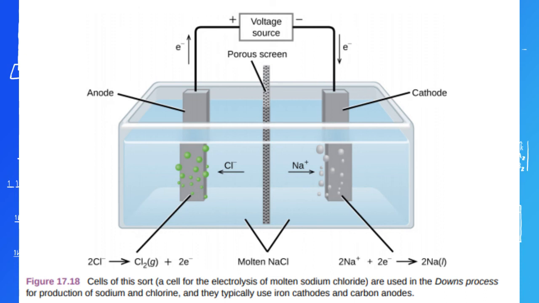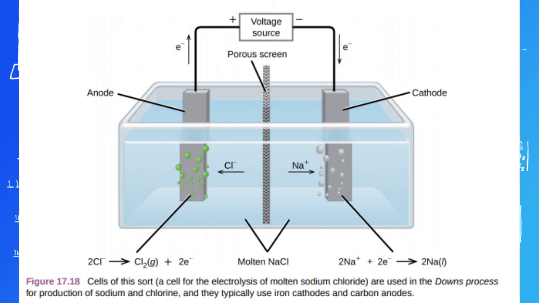They go from an oxidation state of -1 to 0, forming chlorine gas. The opposite is happening with sodium. If you look on the right-hand side, you have your sodium attracted to the cathode. It picks up electrons from the cathode and just deposits as pure sodium metal. So that's the basic idea behind it, nothing too complicated.